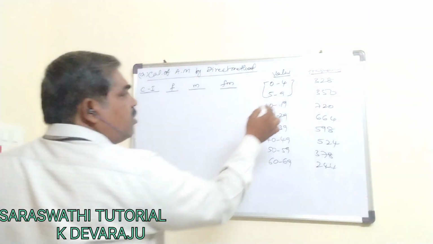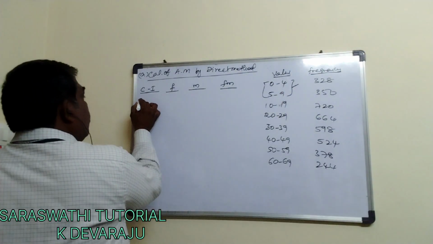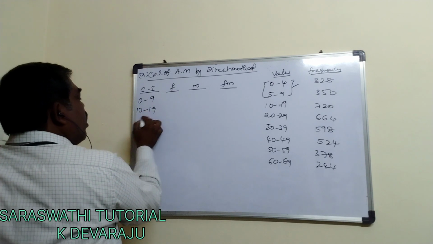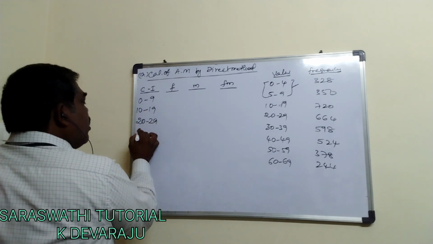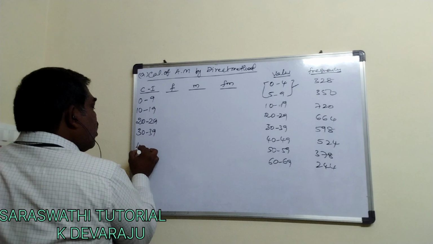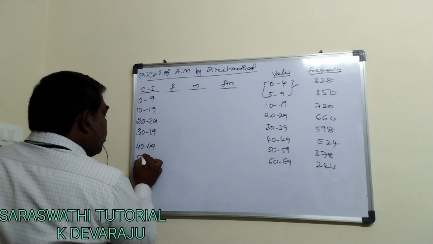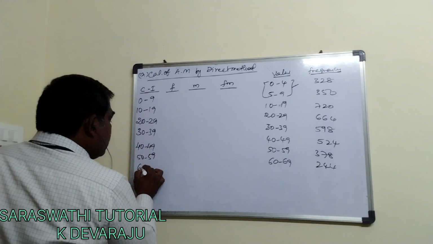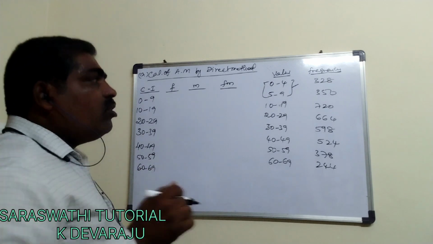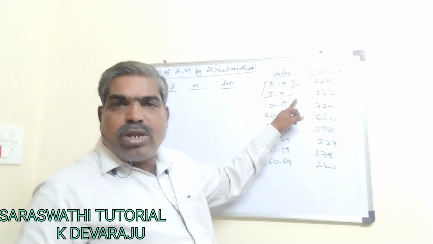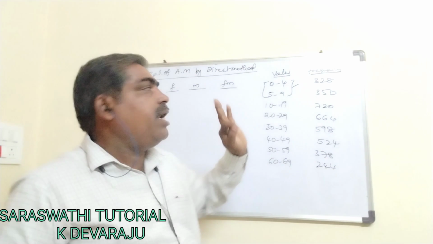Here the class intervals are 0 to 9, 10 to 19, 20 to 29, 30 to 39, 40 to 49, 50 to 59, 60 to 69. But what about the frequency? When we add these two class intervals, the frequencies also have to be added.